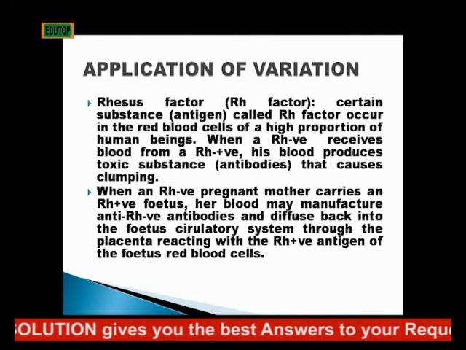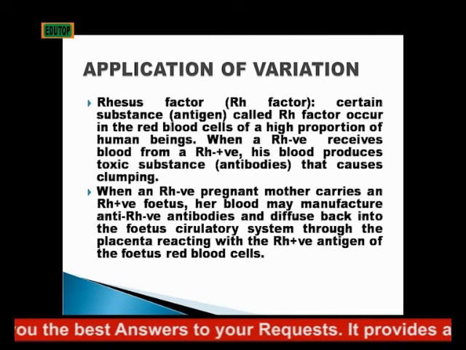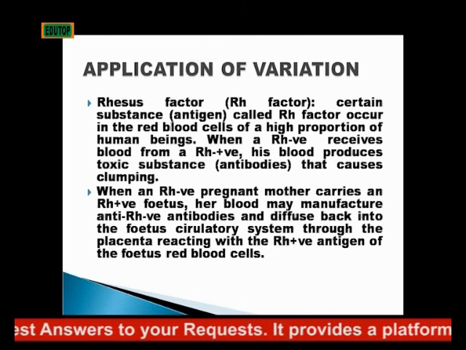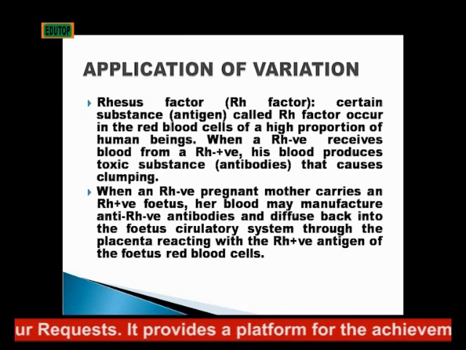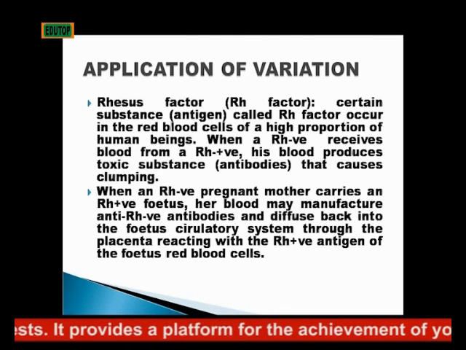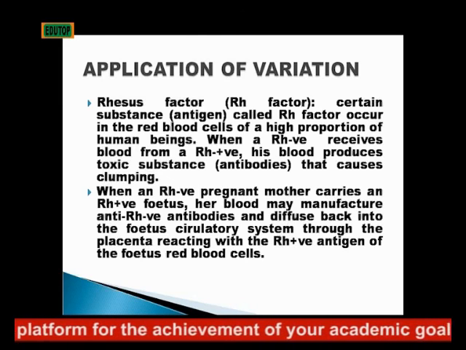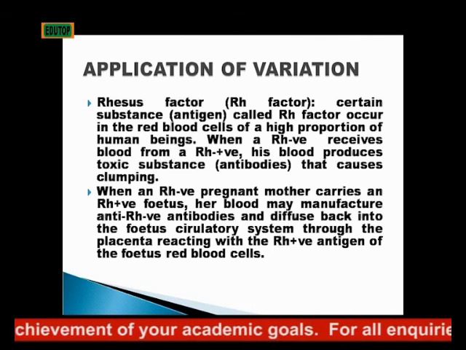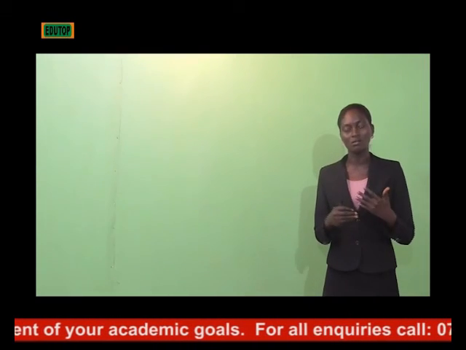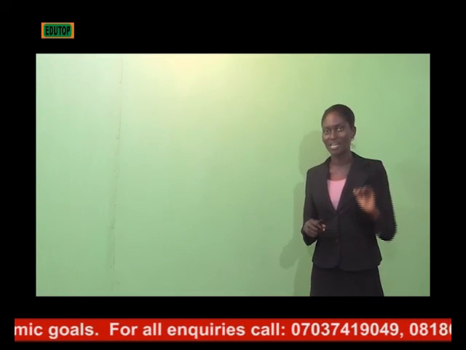Since she has no Rh, her blood will manufacture something that will counter the Rh factor of the baby in her womb. So it might diffuse back into the circulatory system of the baby through the placenta, whereby there will be a reaction with the Rh positive antigen of the fetus red blood cells. This will result in the red blood cells of the baby being destroyed, especially in the second pregnancy.